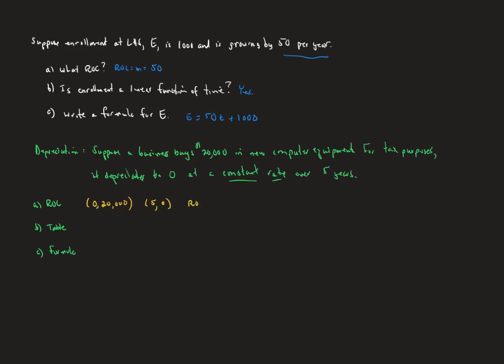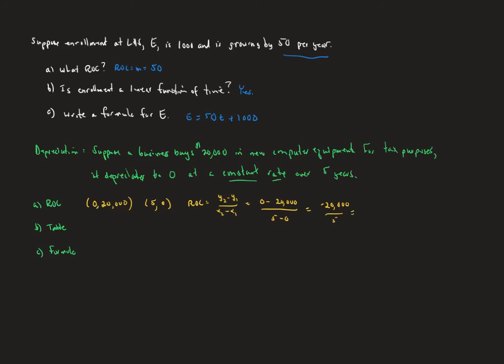So for our rate of change, we're thinking y2 minus y1 over x2 minus x1, like a good Algebra 2 student. So 0 minus the 20,000 over 5 minus 0. That's going to be a negative 20,000 over 5.